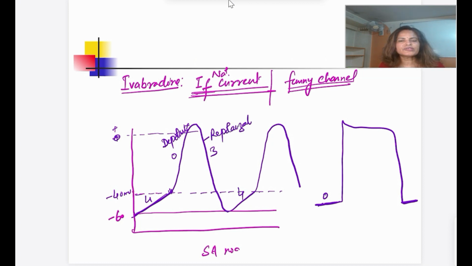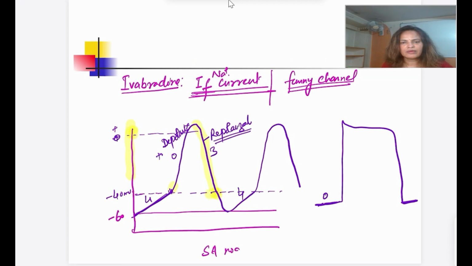Depolarization happens because of the inward movement of positive ions. Repolarization, you can see it is going towards the positive, and repolarization is again coming back to its polarized state.